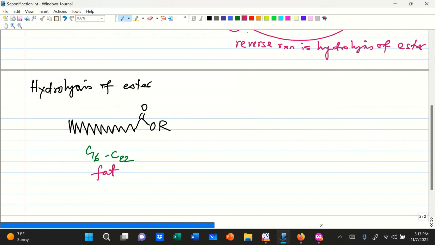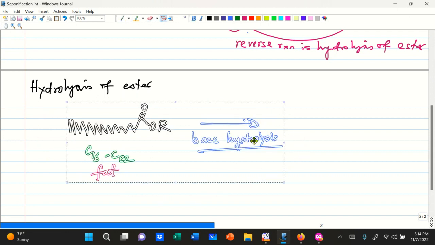Okay? Now, if we hydrolyze this, in this particular case, we are deliberately doing a base hydrolysis, not the acid hydrolysis. And the reason for that is, if you do base hydrolysis, only then are you going to get a soap molecule. And that is why it is called saponification.